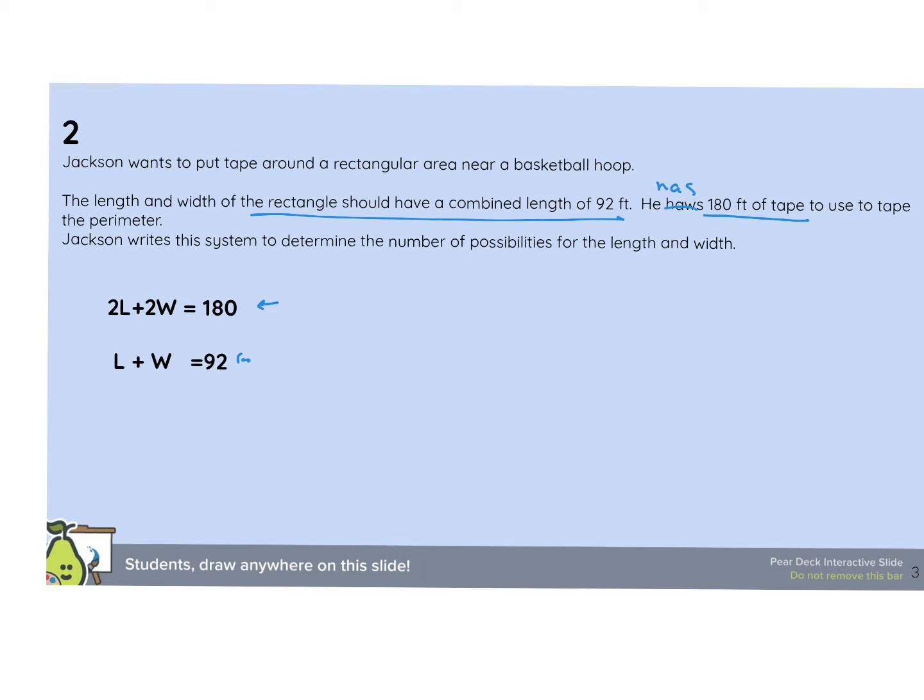So we have to solve this in order to figure out the number of possibilities for the length and the width. To solve this system, we have to multiply the second equation by 2. So we're going to get 2L plus 2W equals 184. And then here we had 2L plus 2W equals 180.